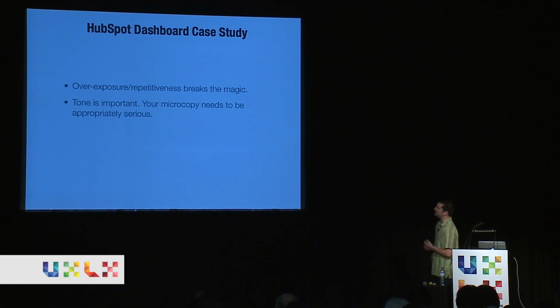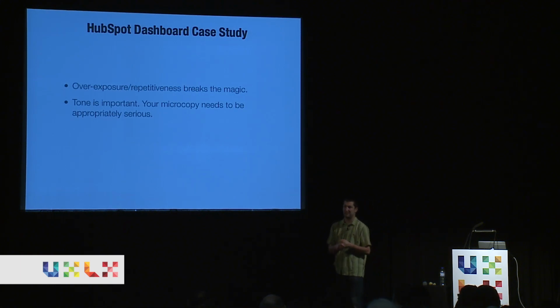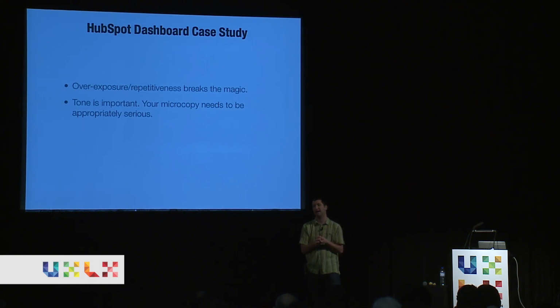Another thing we learned is that tone is extremely important, especially when something is going wrong. Your microcopy needs to be, I call it, appropriately serious. If you make light of something that shouldn't be made light of. For example, if we made a joke that your leads were down or your traffic is down, that's actually someone's job, right?